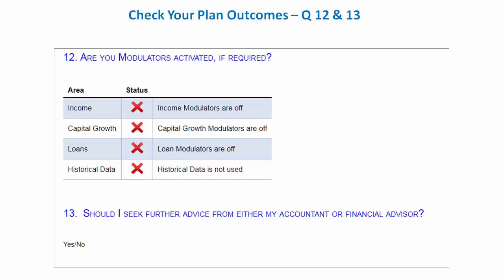ASIC's website will also give you a lot of information together with any number of books published by well-known Australian authors. If you elect to use a financial advisor, these are concepts you need to understand, and I am sure that your advisor will find it easy to engage with you if you have an understanding of how he or she is creating a plan which is going to meet your long-term financial needs.